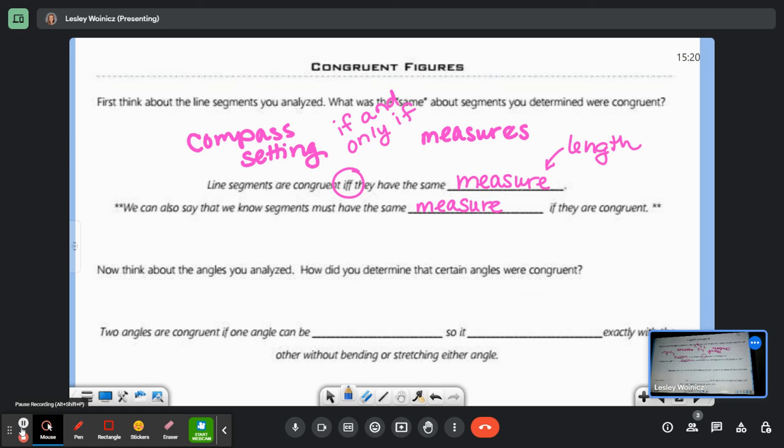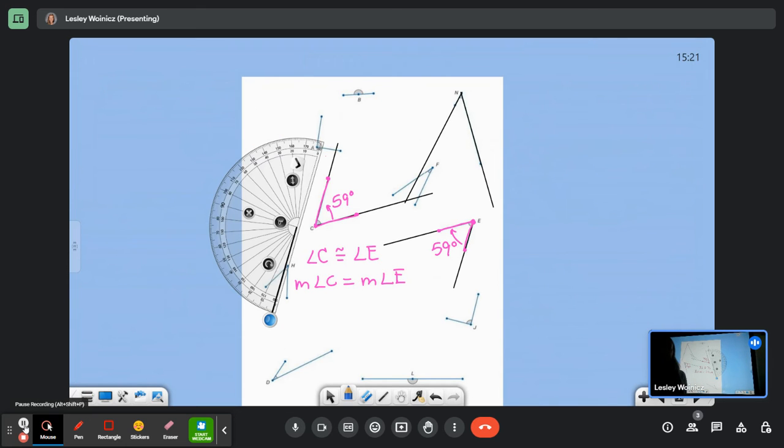Okay. Oh, shoot, guys, I blew it. Gosh darn it. Okay, so we're going back and we're tracing angle C very carefully, just on the paper somewhere. Angle C, because that's the one we've already talked about.